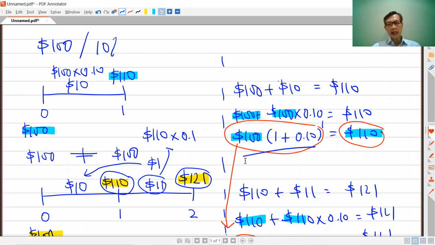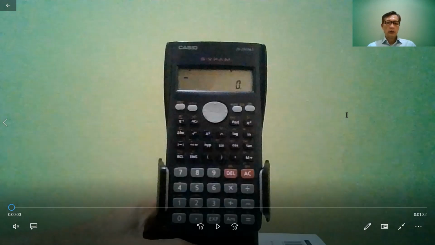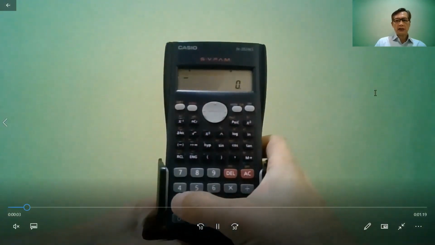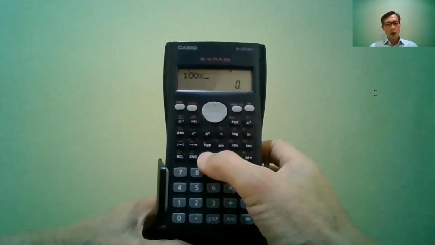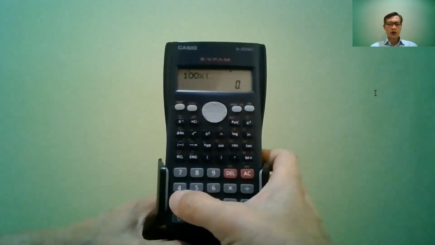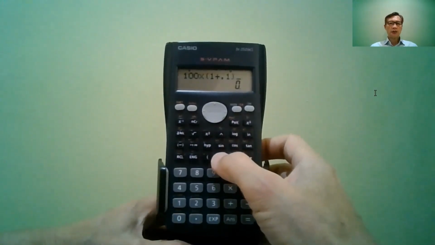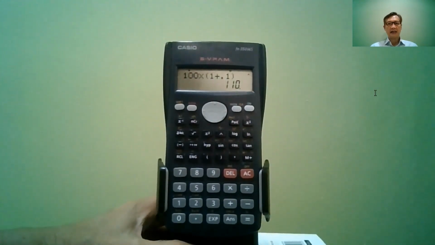You just have to press 100, and best is to use a bracket, multiply by 1 plus 0.1, or you can just press 1.1 if you want to. Close the bracket, and to the power of 1 you can just leave it there. That's why you have 110, the answer.